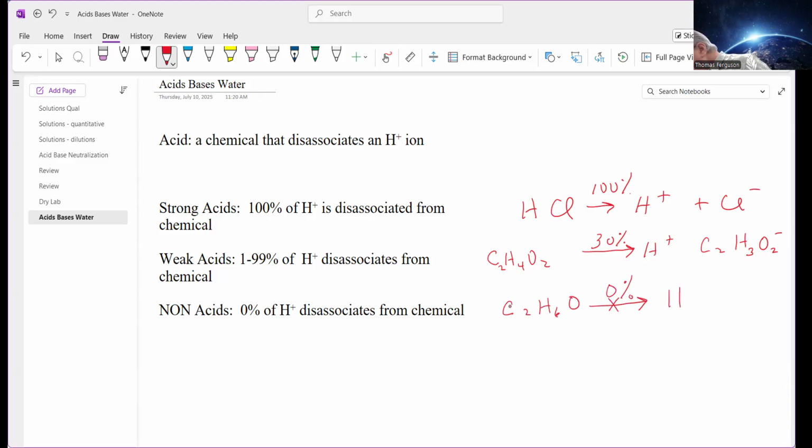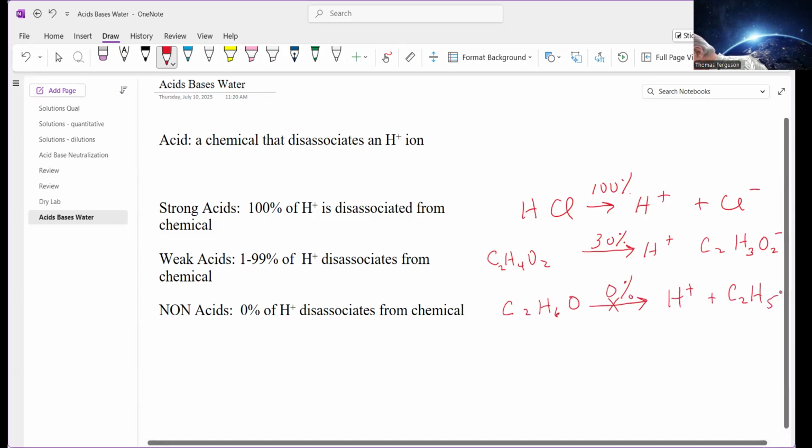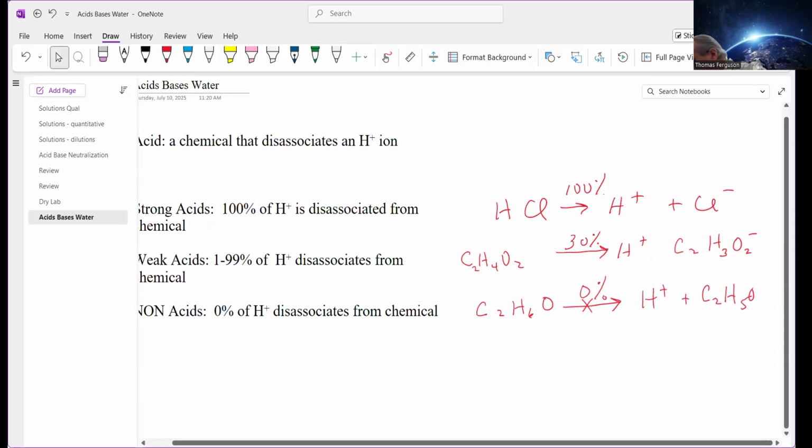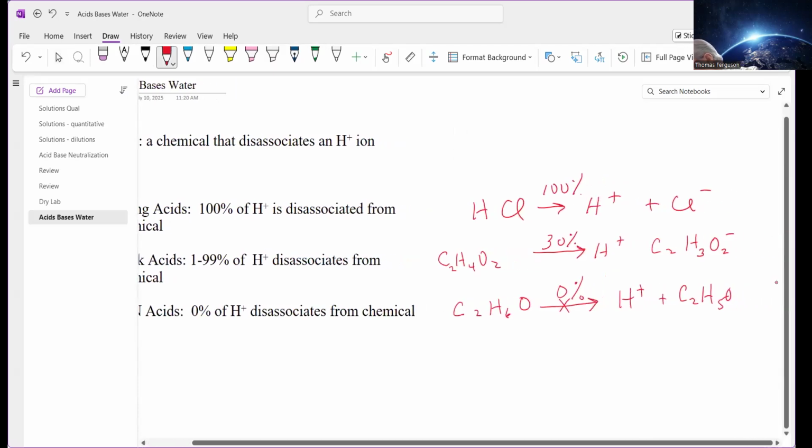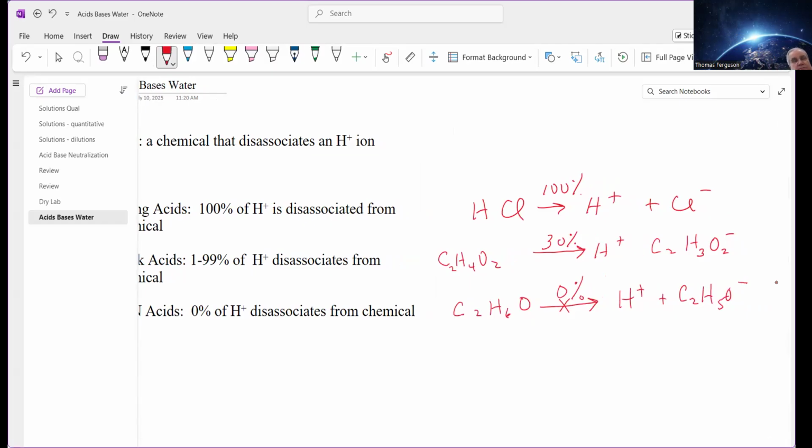And the reason for that is the C2H5O is very, very unstable. So it doesn't happen.